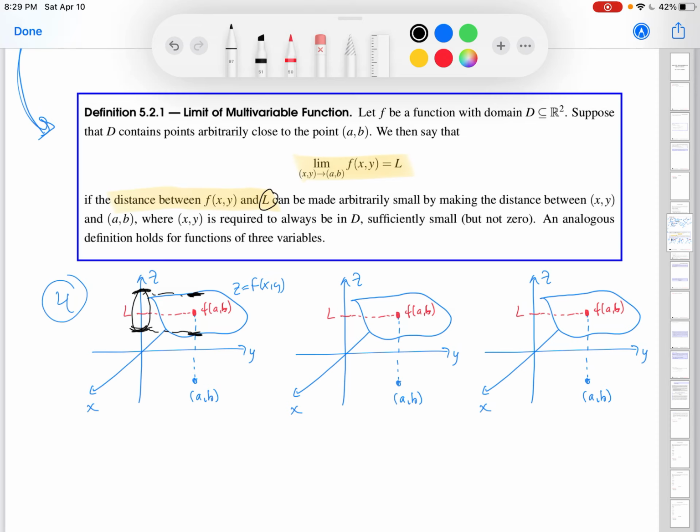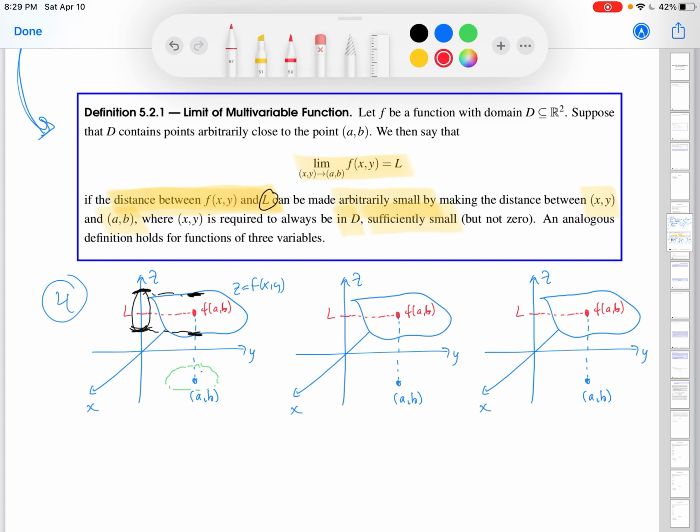Okay, so back to the definition. If that distance between f of (x, y) and L can be made as small as you'd like by making the distance between (x, y) and (a, b), where we're always in the domain, sufficiently small. What does that really mean? Here's what that really means. Suppose I take, just for the sake of keeping things simple, a disk around (a, b).